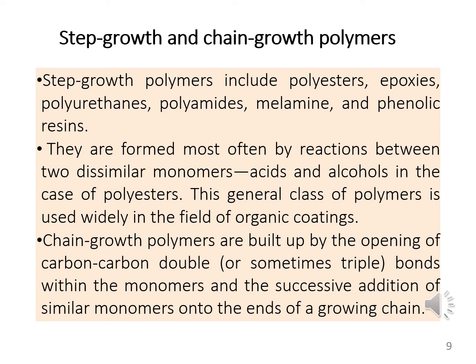They are built up by the opening of carbon-carbon double bonds or sometimes triple bonds present within the monomer, and by the successive addition of similar monomers onto the ends of the growing chain.